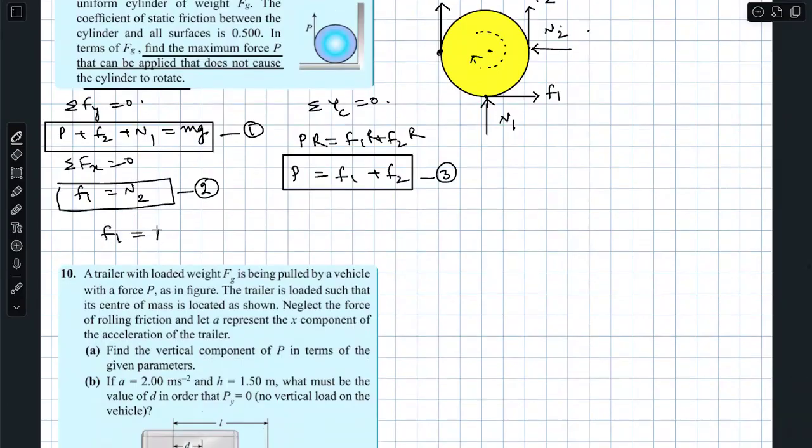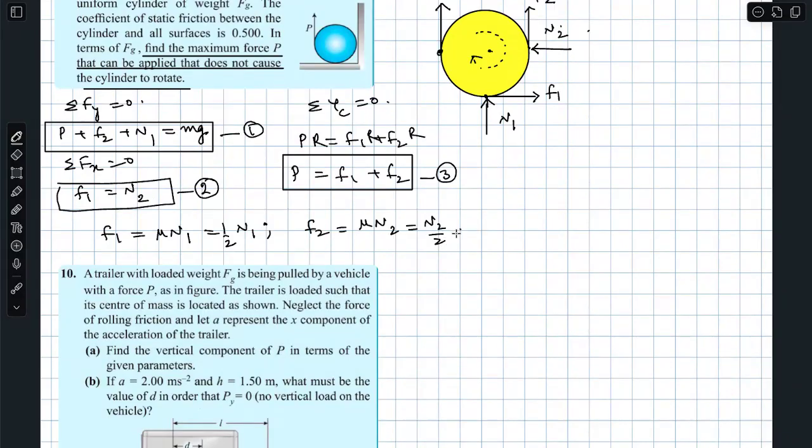F1 is mu N1, which means 1/2 N1. F2 is mu N2, which is N2/2. But you said F1 is N2 actually. Remember?